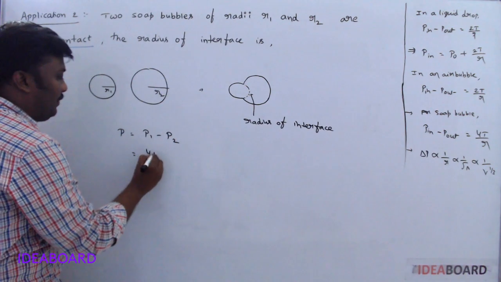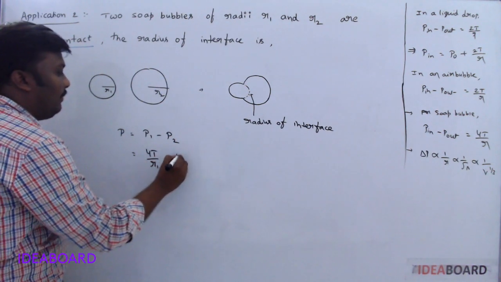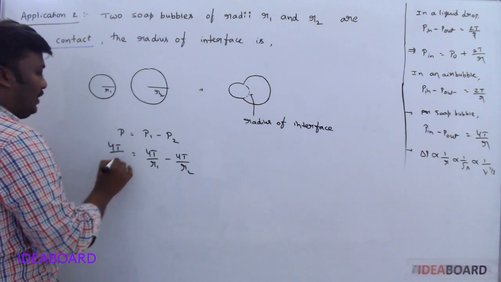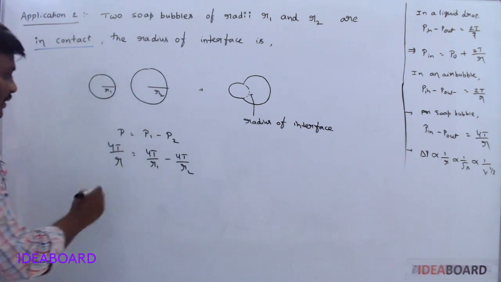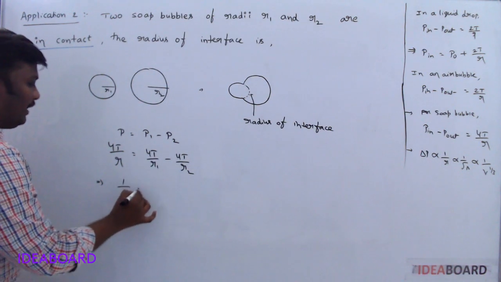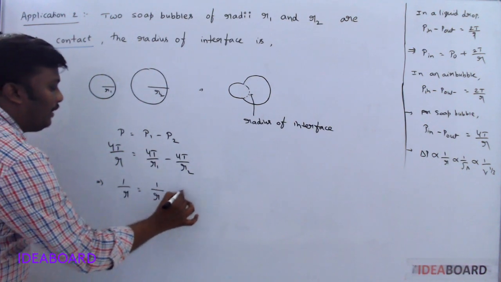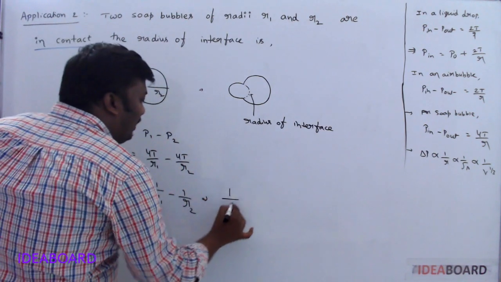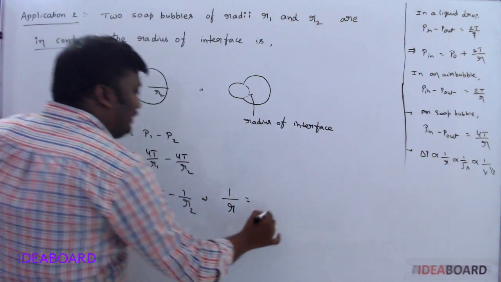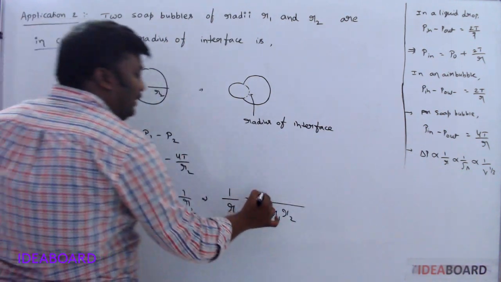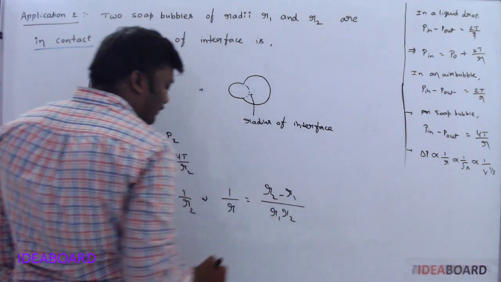So here 4T by R1 minus 4T by R2 equals 4T by R. Now 4T cancels. 1 by R is equal to 1 by R1 minus 1 by R2, which implies 1 by R equals, with LCM R1 R2 and numerator R2 minus R1.